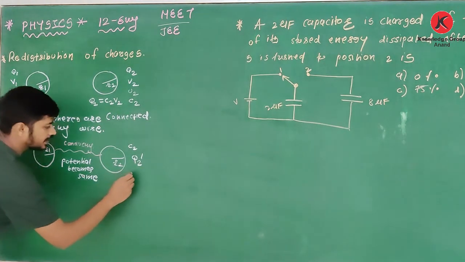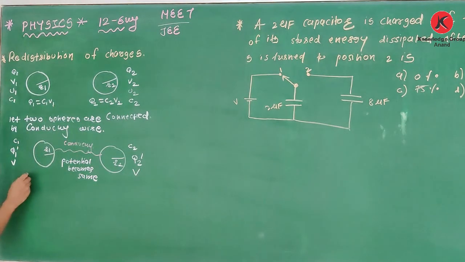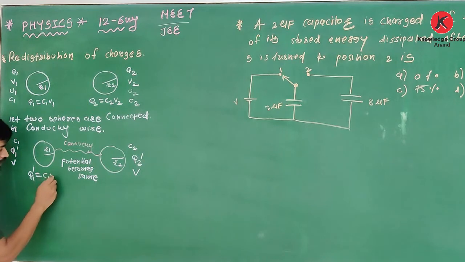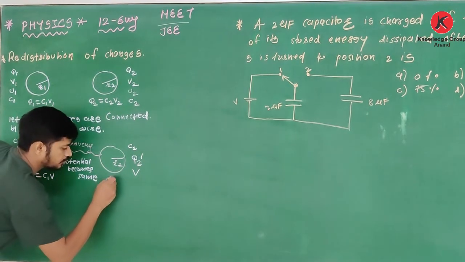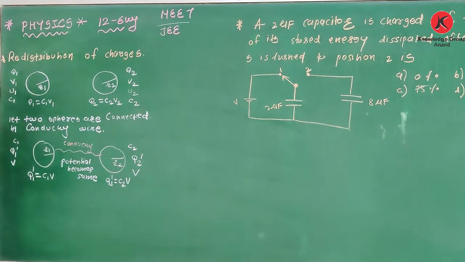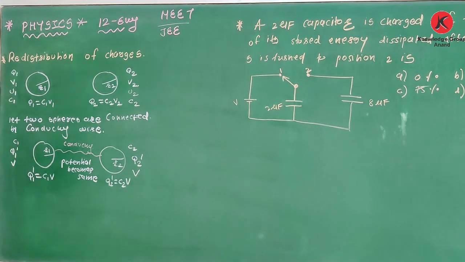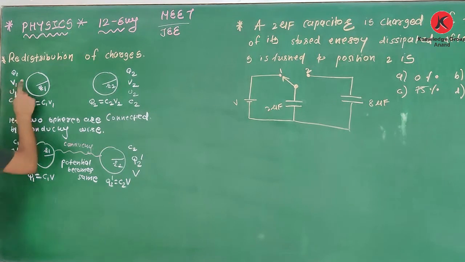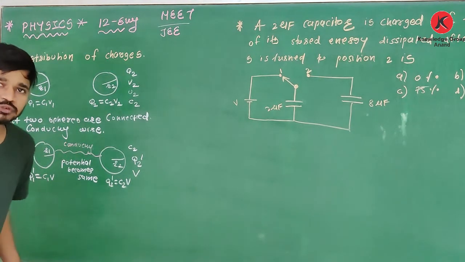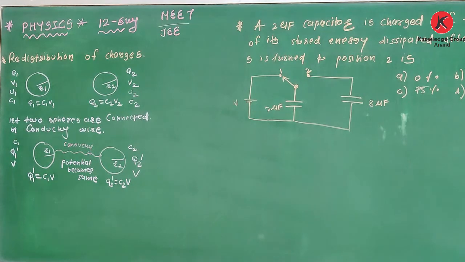Its potential is V, and its potential is also V. So what is the charge on the first capacitor? Q1 dash is equal to C1 V, and Q2 dash is equal to C2 V. That is after connection. This potential V on the two spheres is the potential after connection. Before connection it is V1 and V2.